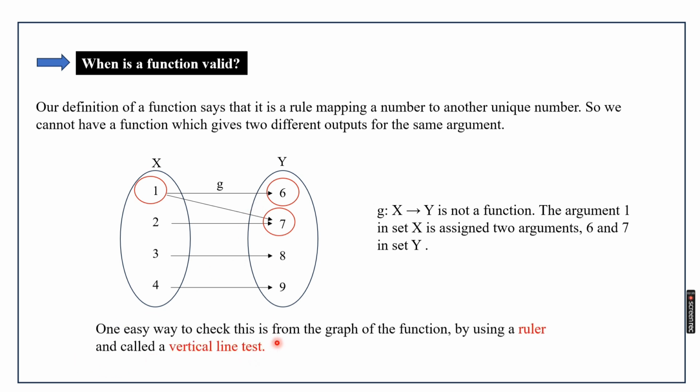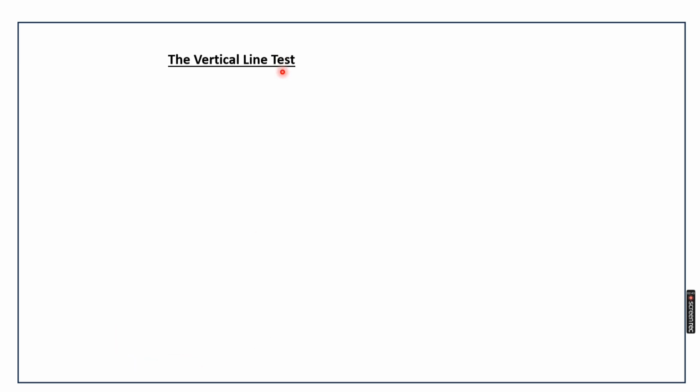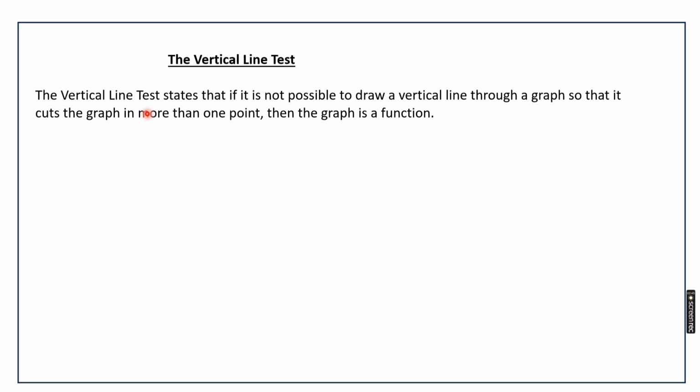One easy way to check this is from the graph of the function, by using a ruler, called the vertical line test. The vertical line test states that if it is not possible to draw a vertical line through a graph so that it cuts the graph in more than one point, then the graph is a function.